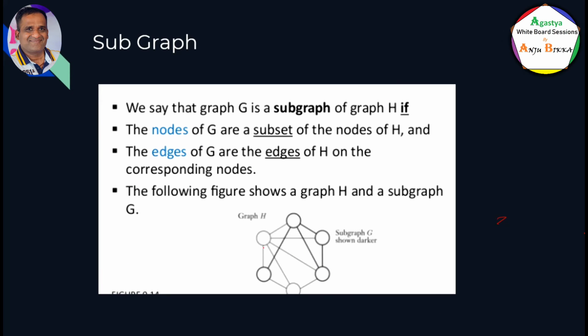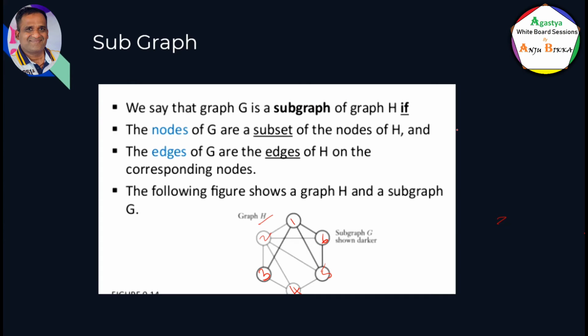Subgraph. Let's see, we have two graphs here, graph H and graph G. Now we can note this one as nodes 1, 2 and 3, and this as 4, 5 and 6.